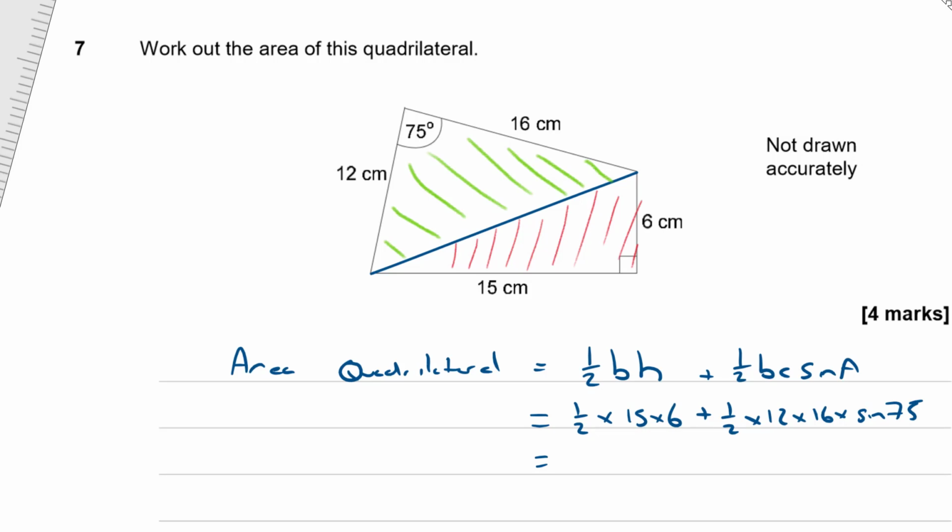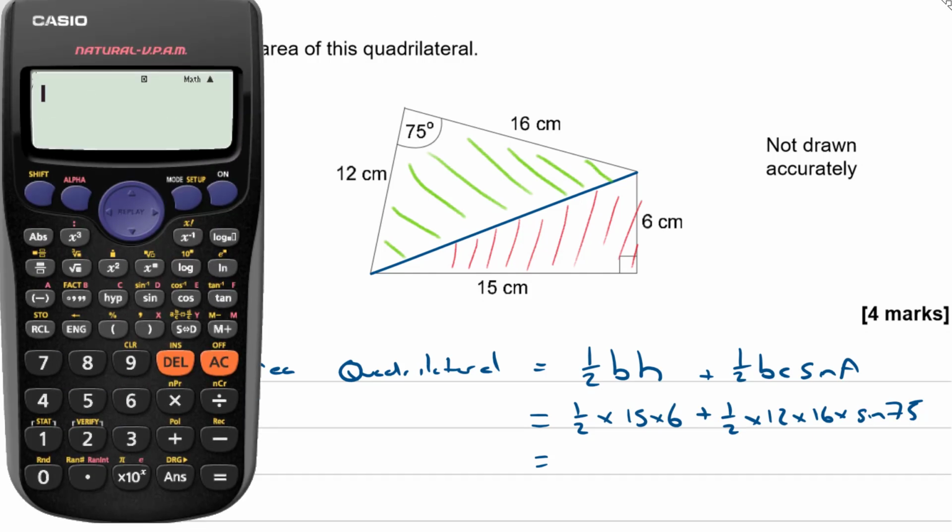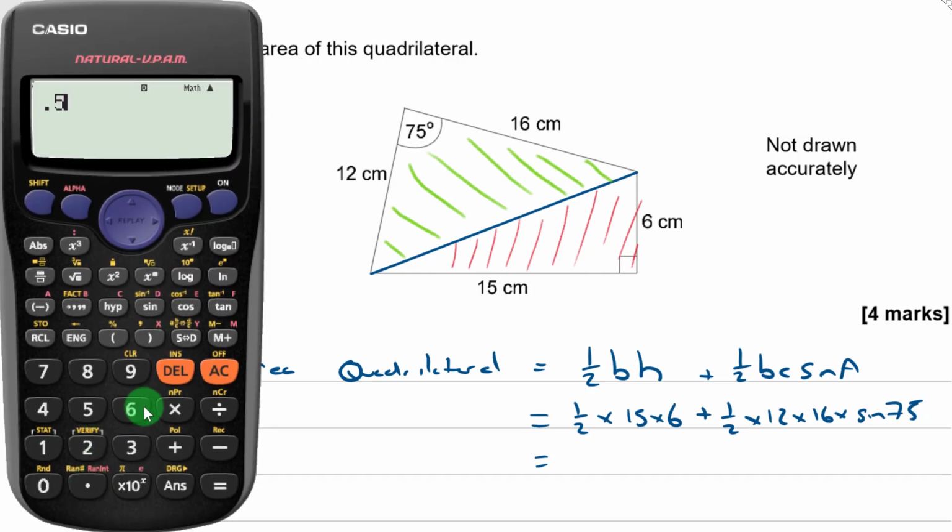Okay, now it's just a matter of tapping all of that into the calculator and coming up with an answer. So half times 15 times 6 plus a half times 12 times 16 times the sine of 75.